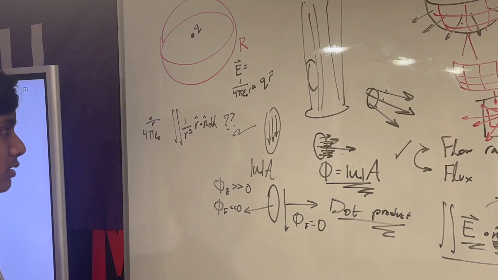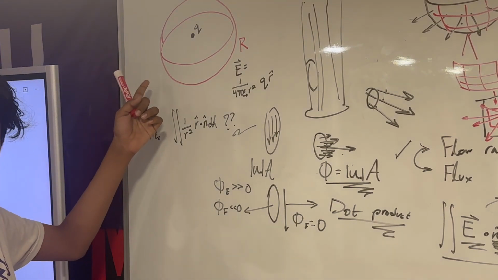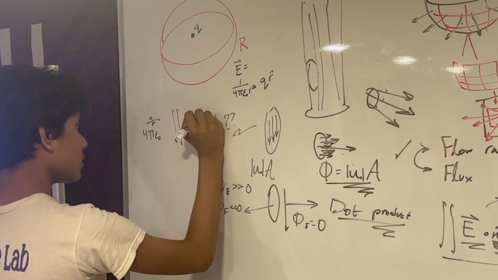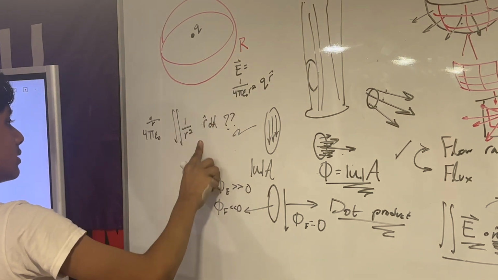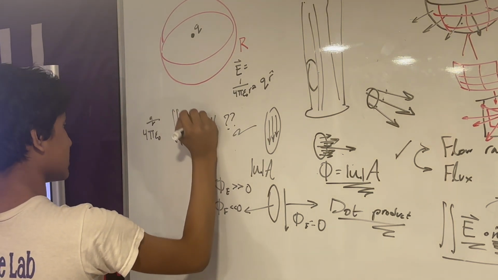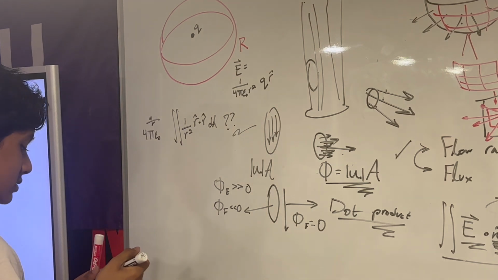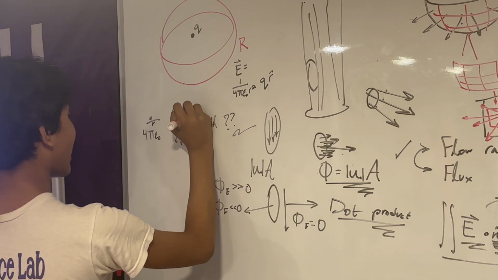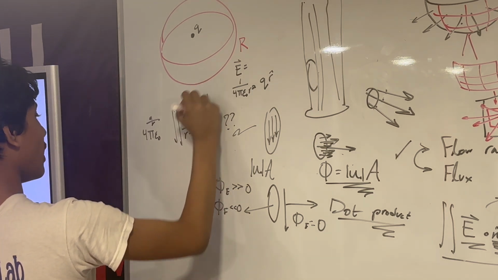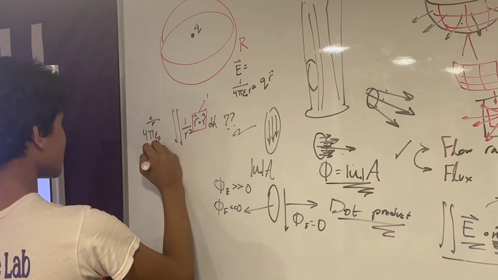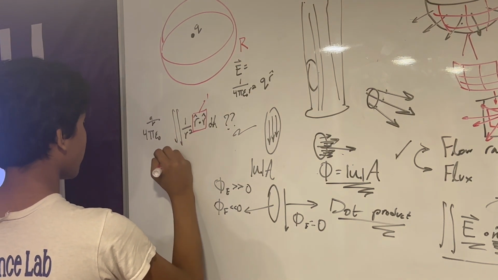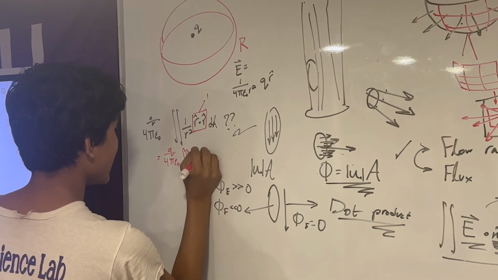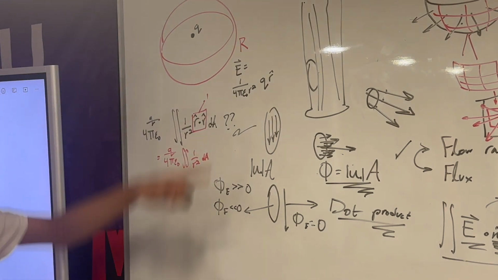So what do we do? Oh, wait a second, this is a sphere. So the unit vector field is just r hat, which means that this disappears, because r hat dot r hat is r hat's magnitude squared, which is just 1. This makes it equal to Q over 4 pi epsilon naught integral of 1 over r squared dA. But wait, this is a sphere.